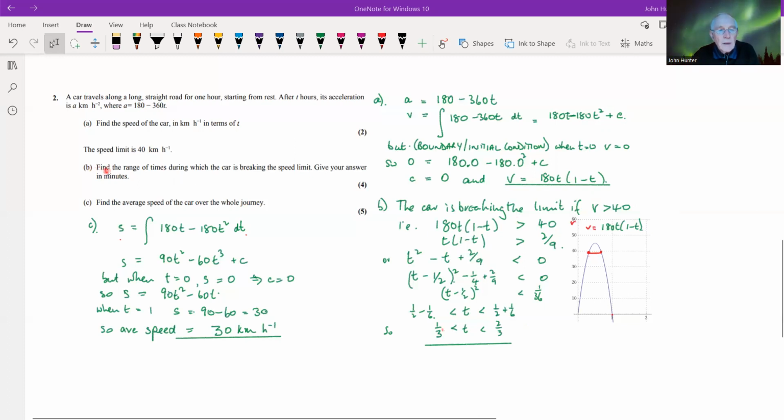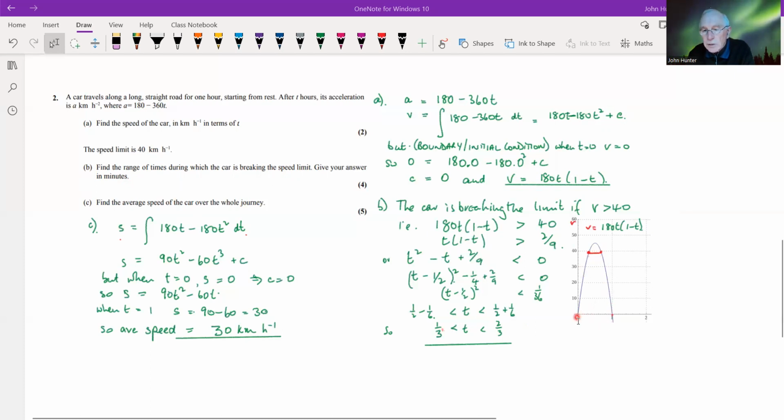Part B says find the range of times during which the car is breaking the speed limit. Give your answer in minutes. Okay, this is the graph here. We could draw that, stick it into Desmos or wherever, and it will look like this.